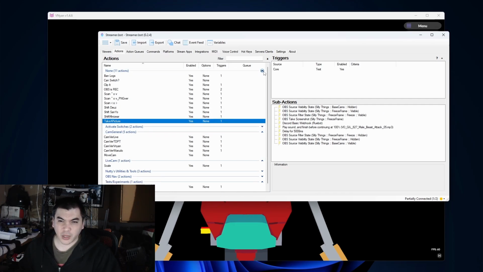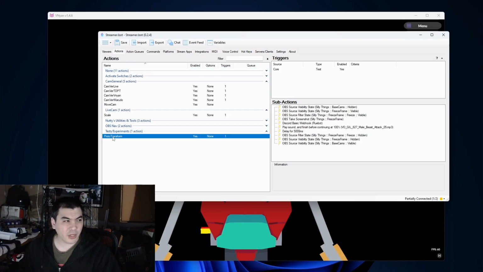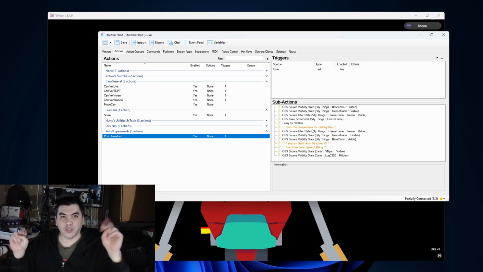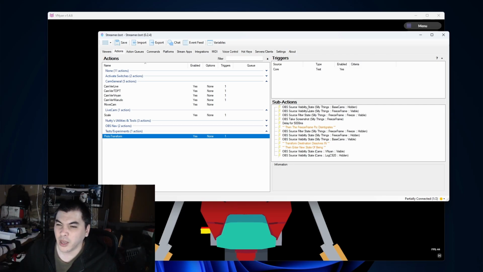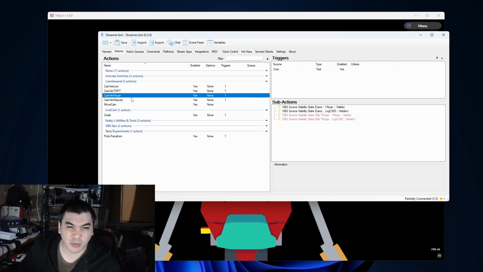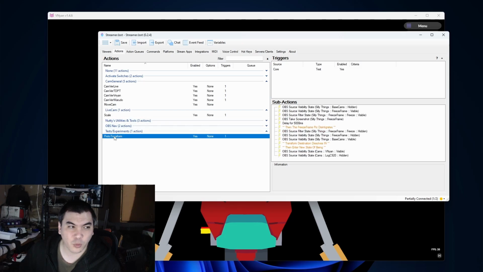But the one that I spent the most time on today was the proto form of the transformation thing that the audience can have fun with. It is kind of a combination of the take a picture action, but it also brings up the VNyan window. So what that looks like right now is this.